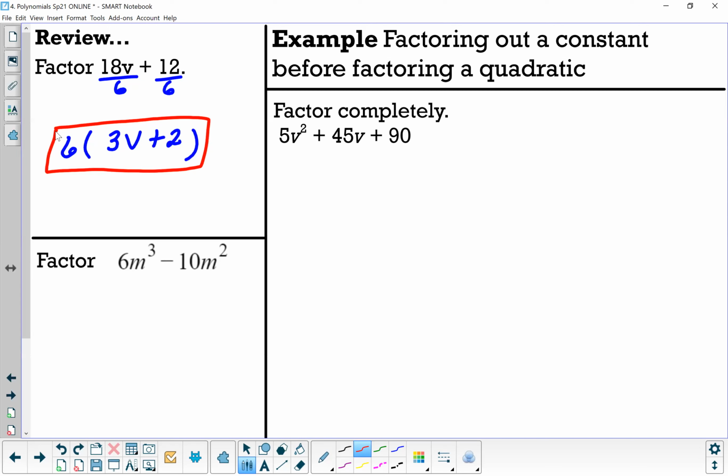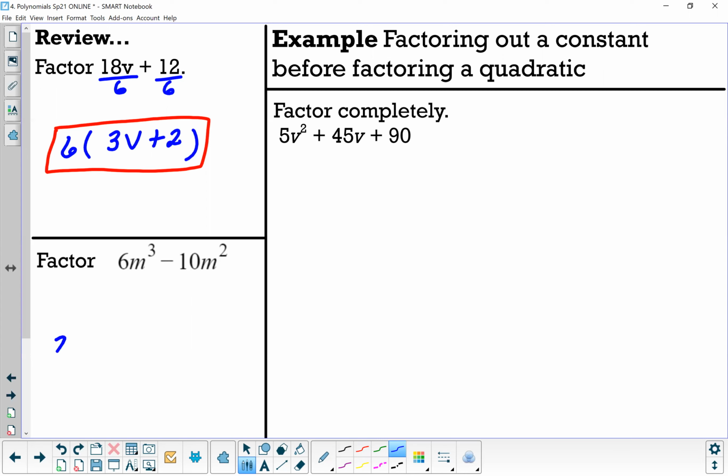All right, our second example, 6m cubed minus 10m squared. Again, you want to look for the GCF first. So here I can see between 6 and 10, I have a factor of 2. And between m cubed and m squared, we can factor out an m squared.